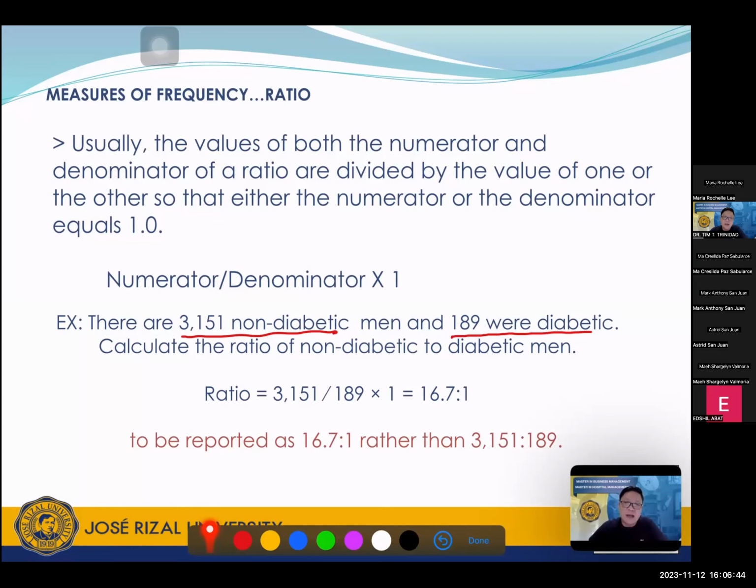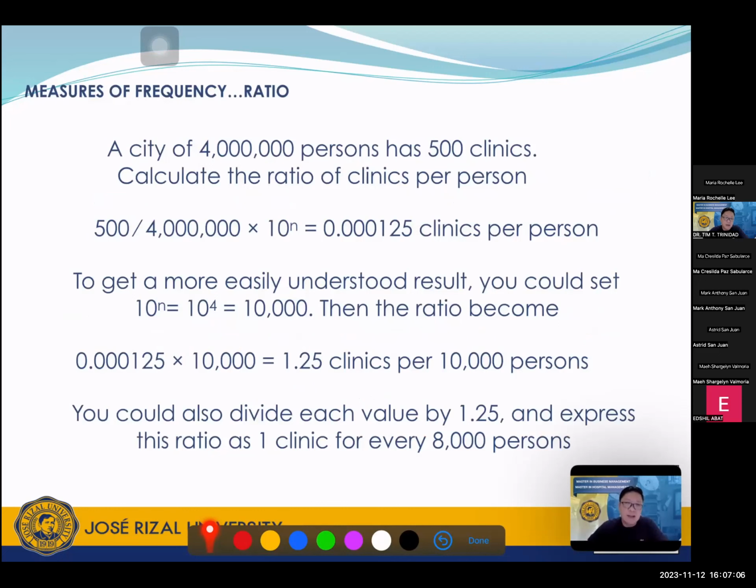So just like other dimensions, like measure of central tendency, dispersion, you can also use frequency to describe your data, specifically ratio. So when I ask you to describe your data using a ratio, this is how you're going to write down your analysis.